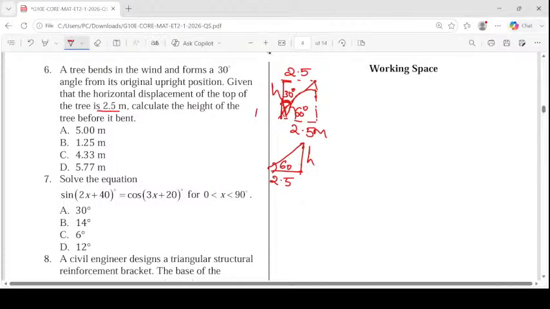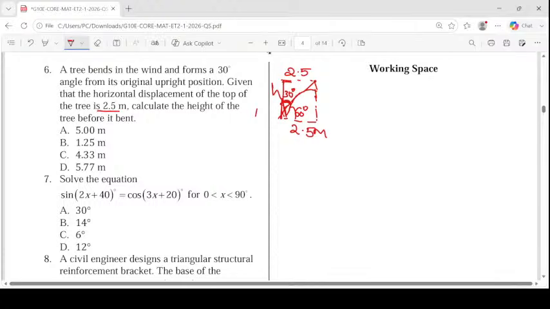I'm trying to see the easiest way we can have this one tackled. In fact, this figure will look like this. The best trigonometric ratio we are going to apply here is the cos.